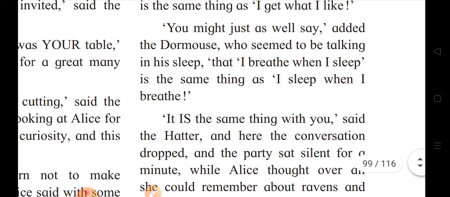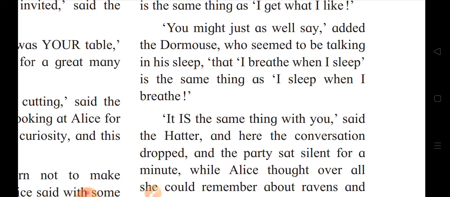"You might just as well say," added the Dormouse, who seemed to be talking in his sleep now. You know that the Dormouse was sitting between the March Hare and the Mad Hatter, fast asleep. So in his sleep also, he started talking: "I breathe when I sleep" is the same thing as "I sleep when I breathe." So you can understand what all three of them want to do.